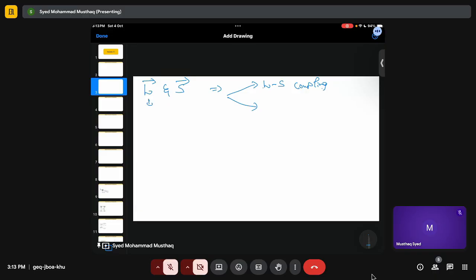For example, if I'm talking about p orbital, then I can write -1, 0, +1. If I'm talking about d orbital, then -2, -1, 0, +1, +2. So L has different numbers, ml. And the same goes for S. S will have your plus half and minus half.